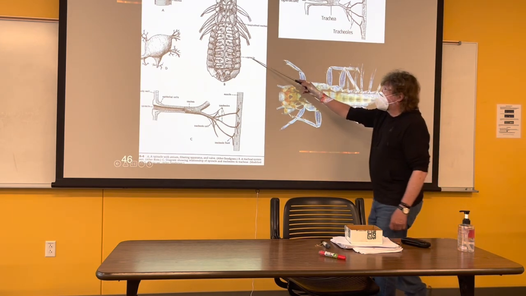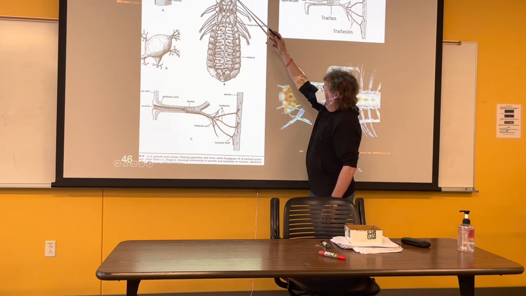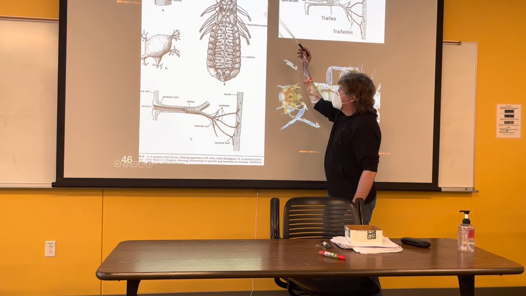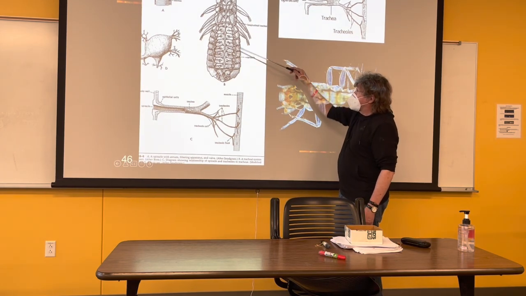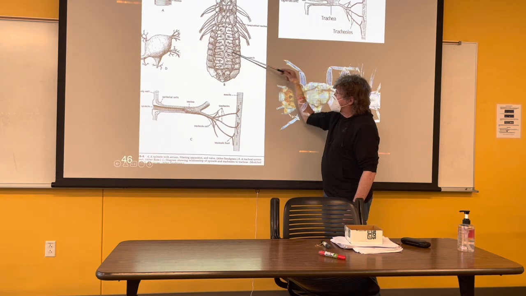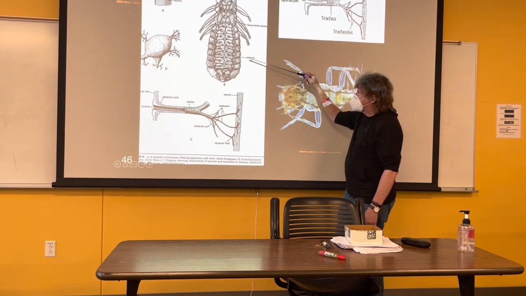So here's a spiracle. For example, this is an insect. Usually they have a spiracle up here close to the head, another one about right there on each side. And usually every abdominal segment in insects has an opening to this piping system.